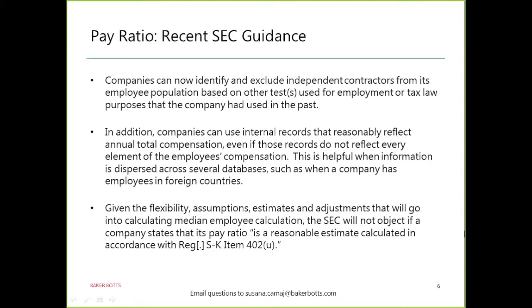And it was essentially a brand new test for determining whether a person was an employee who should be included in the company's employee population for calculating pay ratios, or whether this person was an independent contractor under the pay ratio rule who could be excluded from this process for calculating and preparing the pay ratio information.